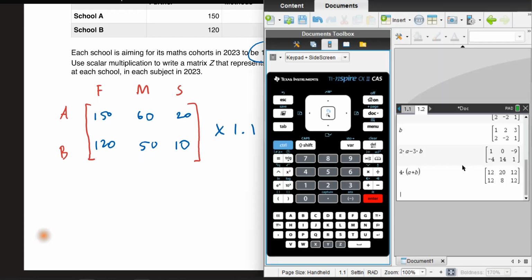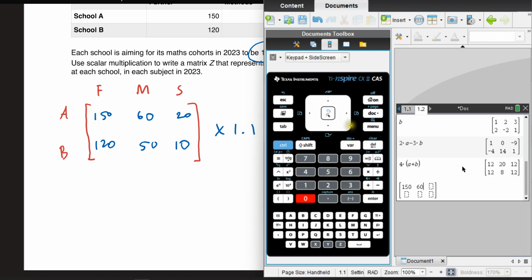So on our calculator, let's put our matrix in. So the 2 by 3. It's going to be 150, 60, 20. Down here, it's going to be 120, 50, and then 10.